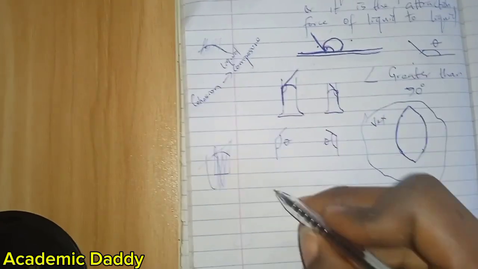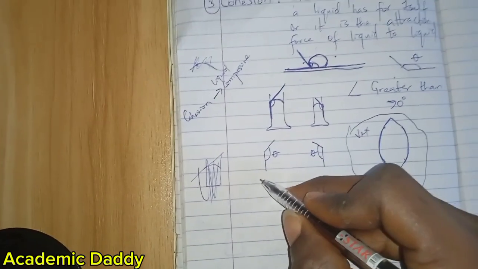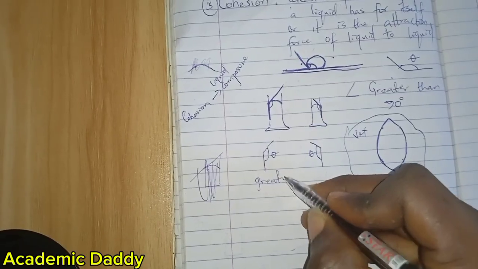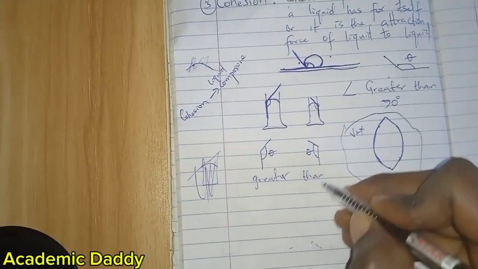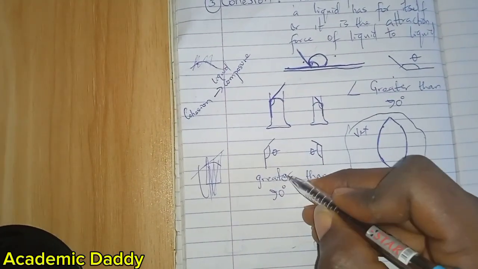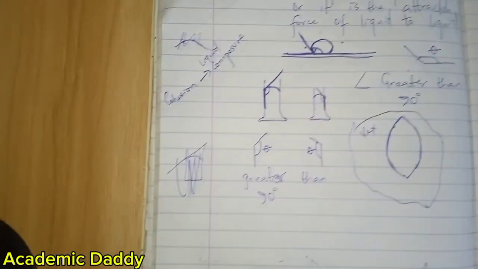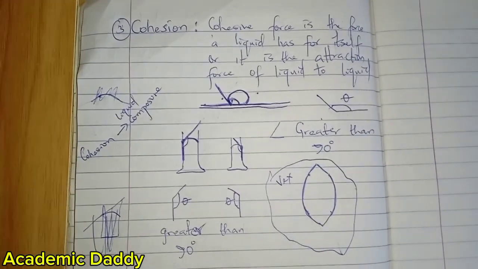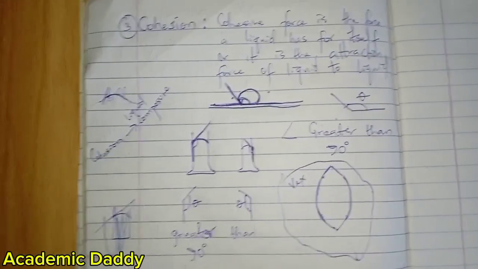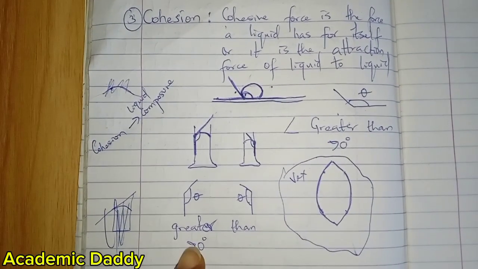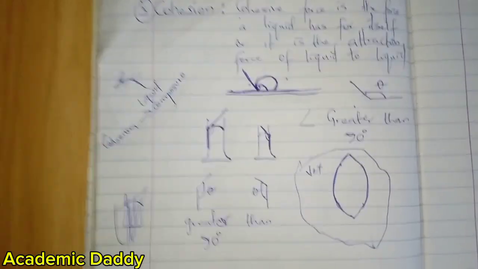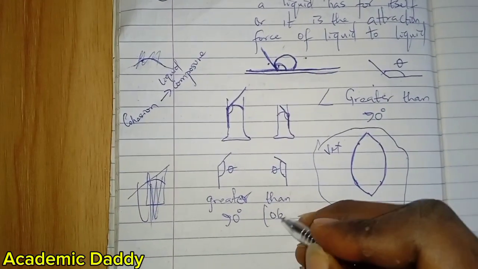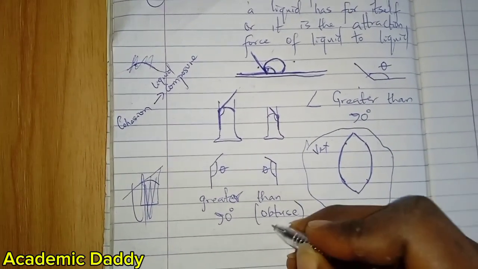So if you check the angle you made, you see that it is definitely greater than 90 degrees. So we say that once it has more cohesive force, it will always give you an angle that is obtuse.